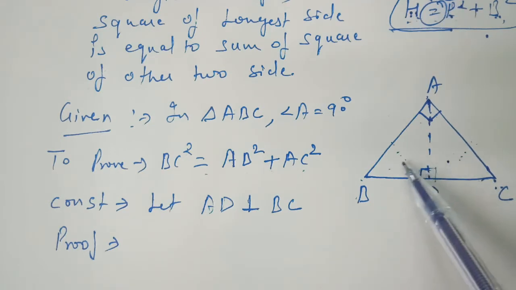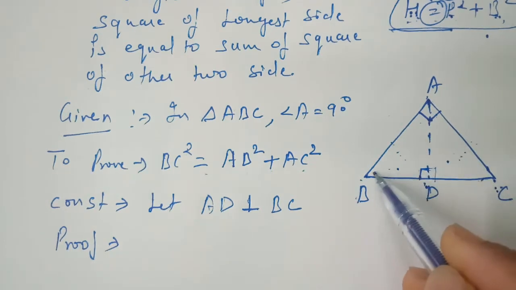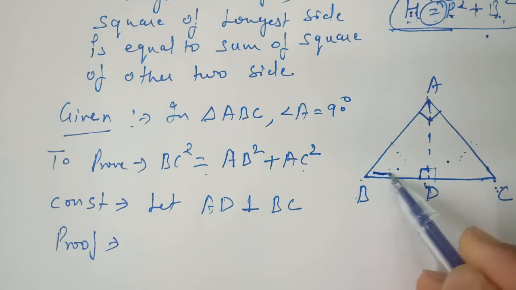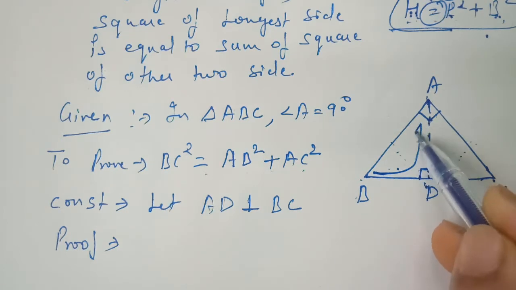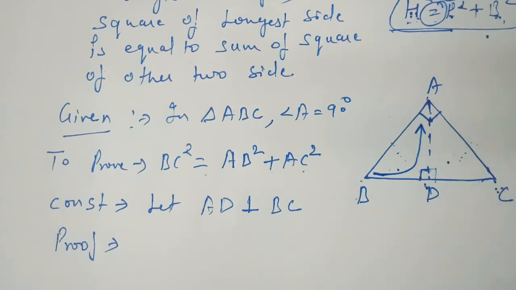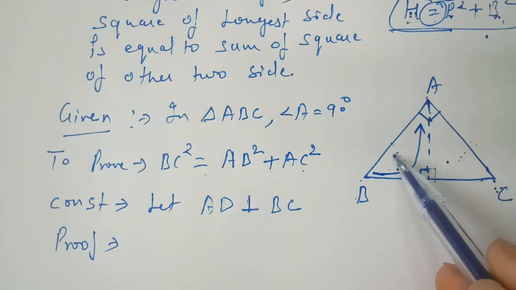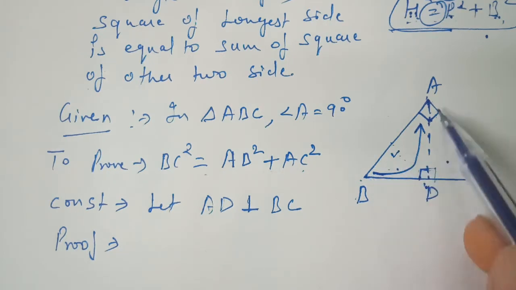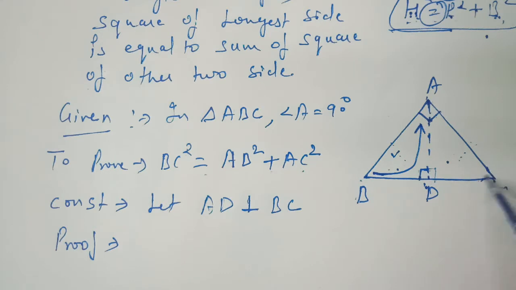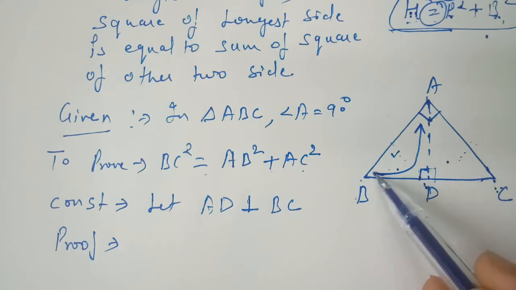We have to take the smaller triangle and the bigger triangle. This is a trick I am telling you: make an arrow like this. First we take this smaller triangle, and then the bigger triangle, and we name them like this.